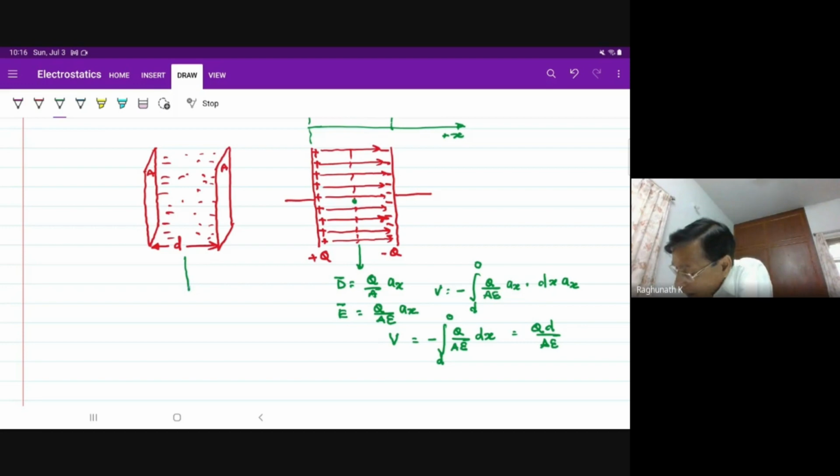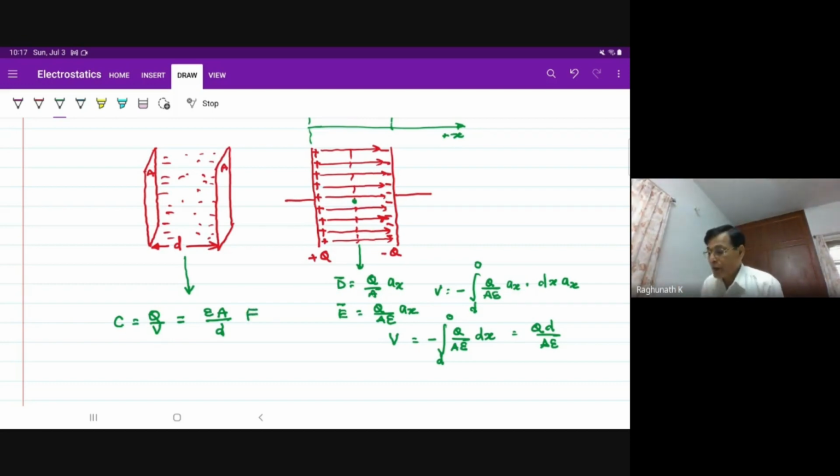So this capacitor will have the capacitance C equal to Q by V, which is equal to epsilon A by D. So many farad.